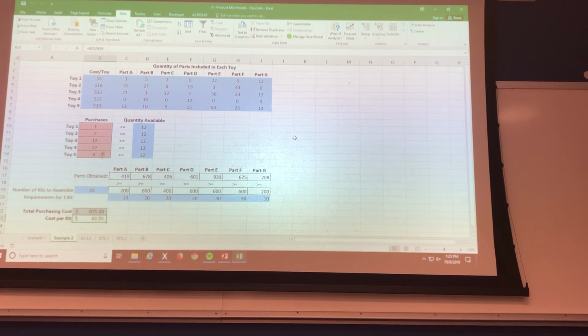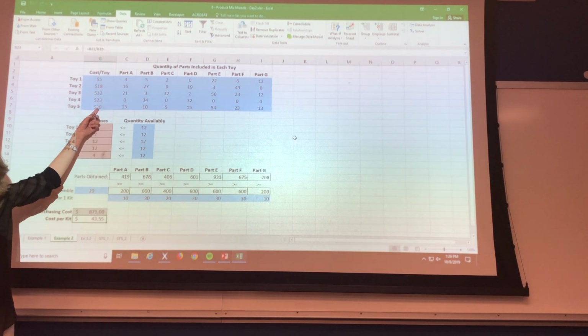What would the input that we are varying be? The cost of Toy 5. That's going to be the input that we vary. Obviously, it has to be something less than $20.